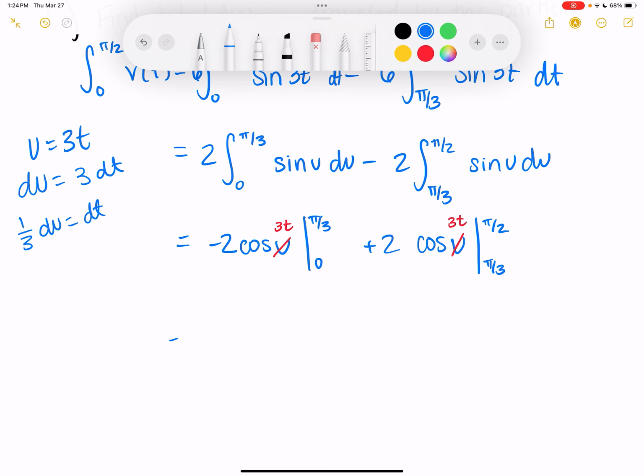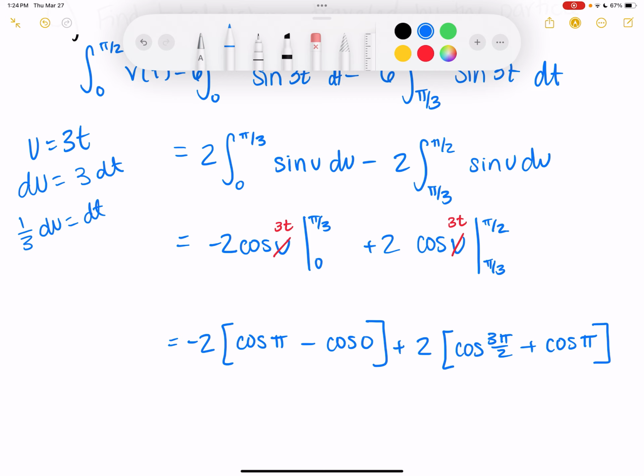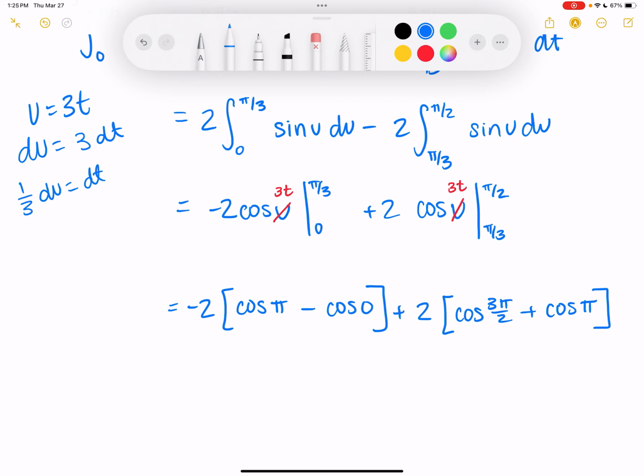So I've got negative 2 times the cosine of 3 times pi over 3, so that's the cosine of pi, minus the cosine of 0, plus 2 times the cosine of 3 pi over 2, minus the cosine of pi. What's the cosine of pi?